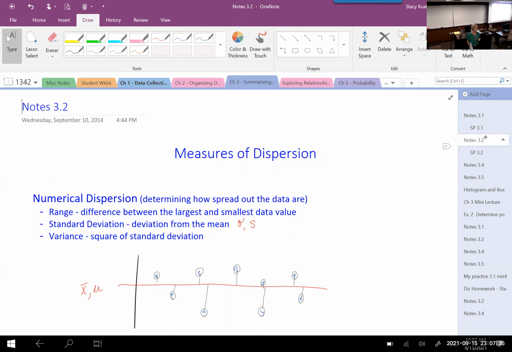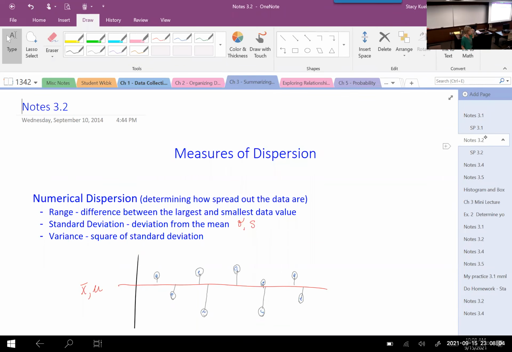R. All right, capital R, that would be our symbol. That's our variable. How do I find the range? Subtract. It's the difference between the largest and the smallest value. That's right. It's our easiest form of dispersion to measure.